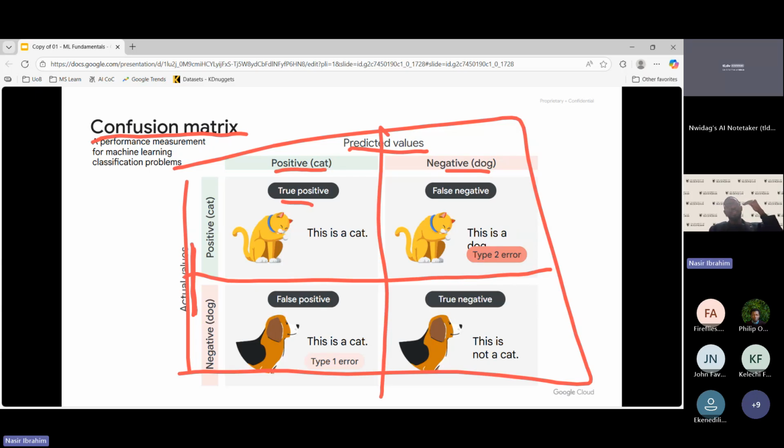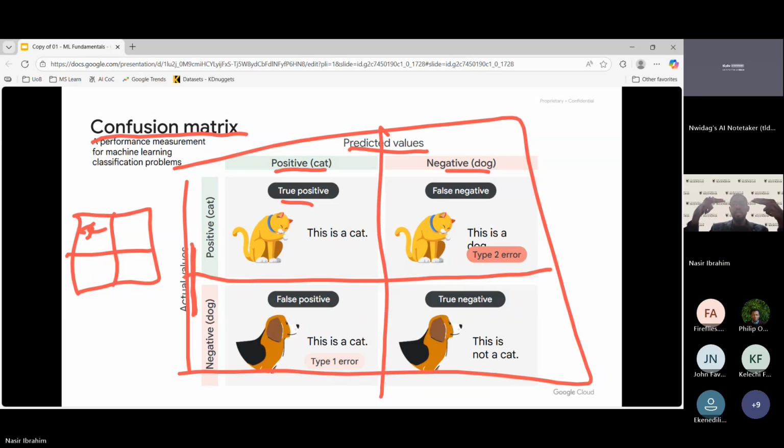So the true label of the sample is a cat, and the model predicts it to be a cat. That is true positive. Then we have a count of it, out of the number of samples that we have, and we put a number, let's say X. Then we also see how many outputs are a dog and how many the model predicted as a dog.